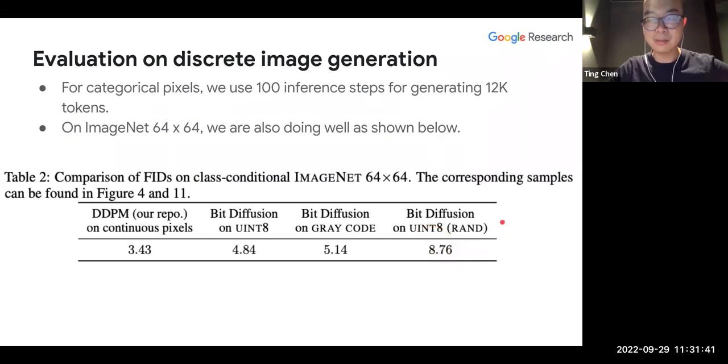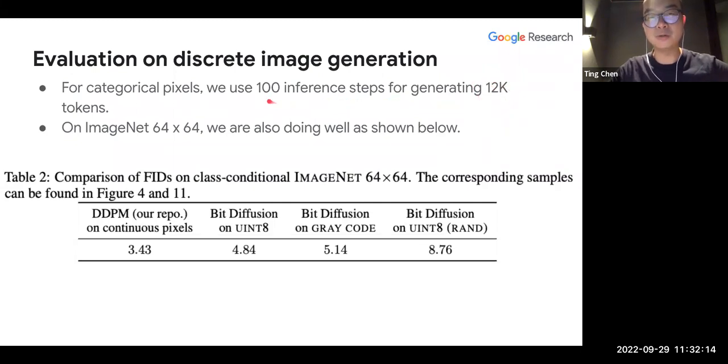We don't have any baseline to compare here because we don't know if people have reported the FID. I think previously the models on discrete ImageNet 64 by 64 did not yield very strong samples as far as we know. Another thing to emphasize here is for categorical pixels, we use 100 sampling steps generating a 64 by 64 image, which contains roughly 12K tokens.